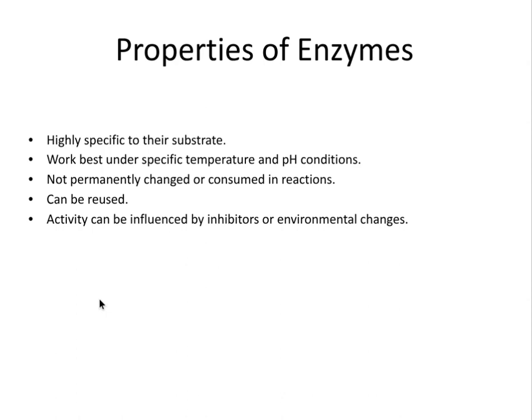And for the other question, they could ask you, how does an enzyme work best under temperature? They work best under specific temperature and pH conditions. It depends on the type of enzyme. The activity can be influenced by inhibitors or environmental changes.